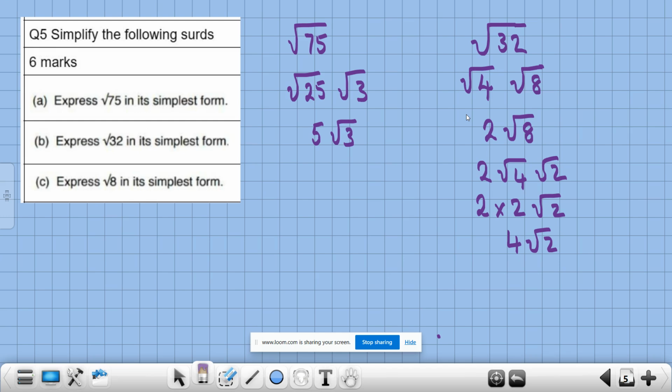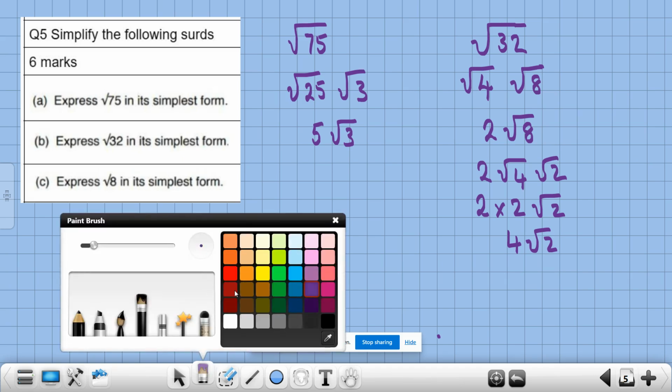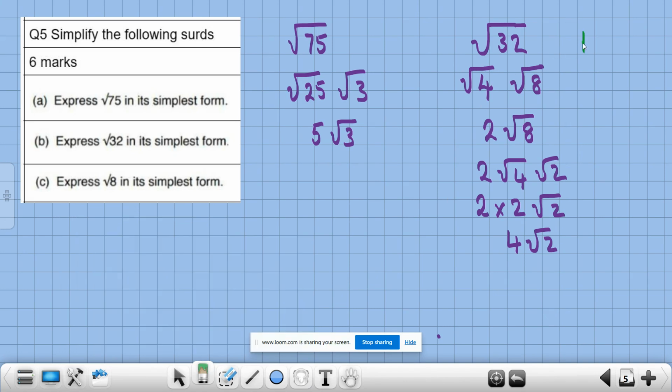So let's think about where the problem lies with that. Well, yes, you found a square number that was a factor, but the key thing, just like when you're dealing with fractions and you've got to simplify a fraction, you must find the highest factor. We need the highest factor that is square. And when it comes to 32, it could also be broken up into 16, also a square number, root 2.